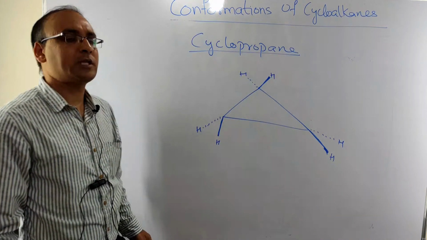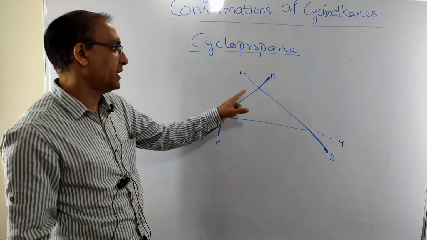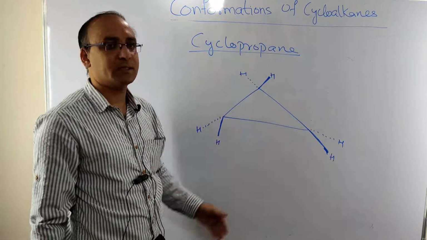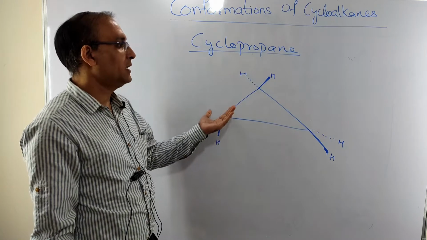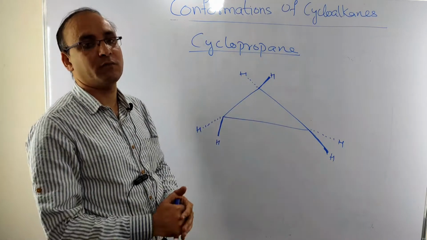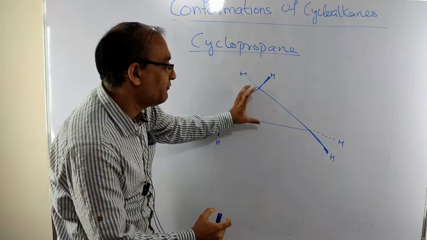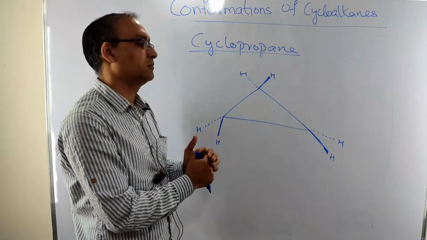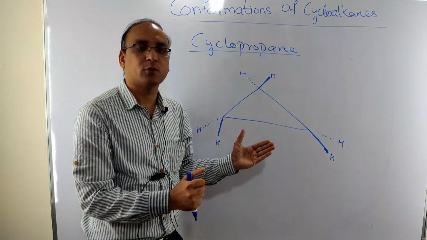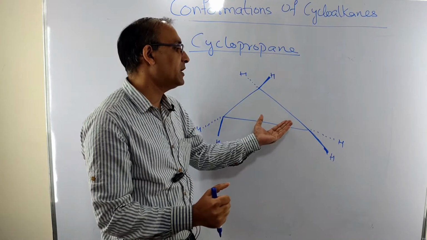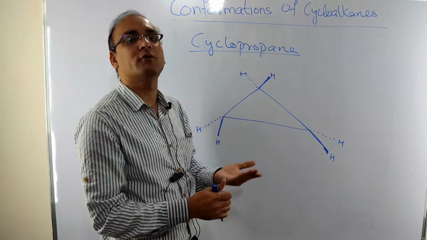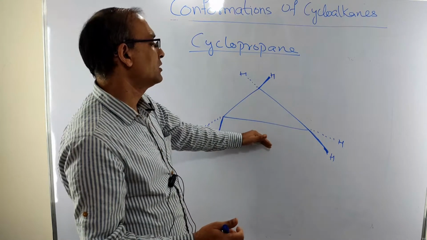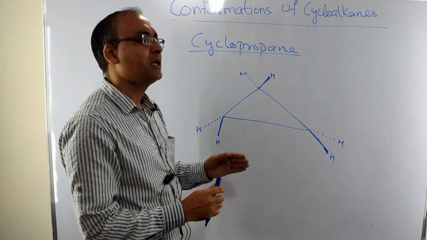As you can see, it has 3 carbons, and the structure that comes to our mind is trigonal planar. Interesting, that's the only possible structure for cyclopropane. It's a very strained ring. Not much movement is possible. Flexibility is very low because only 3 carbons are there. It cannot move and take some other conformations. So that's why this is one of the most unstable rings.